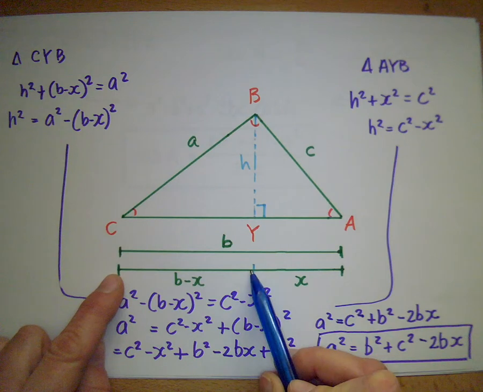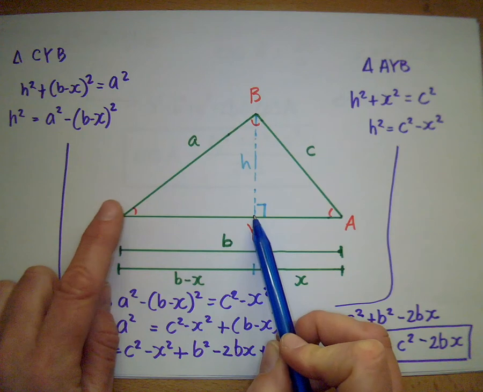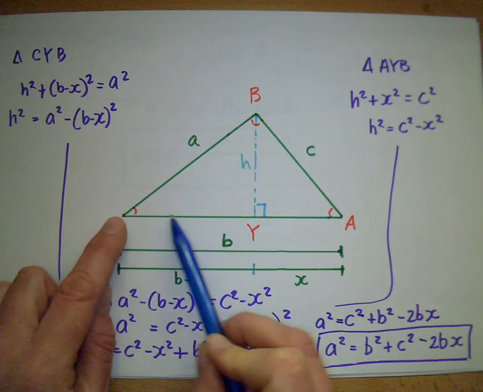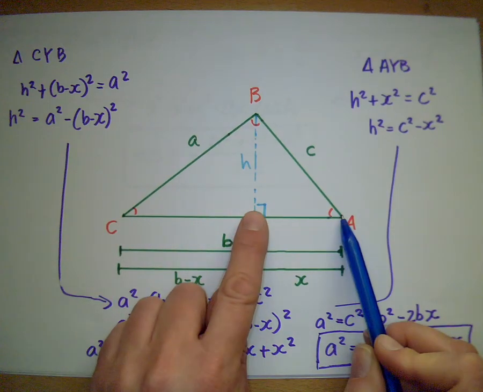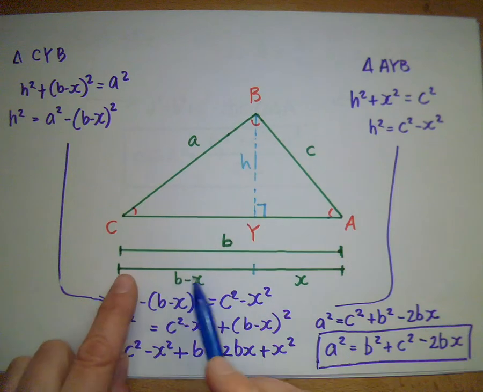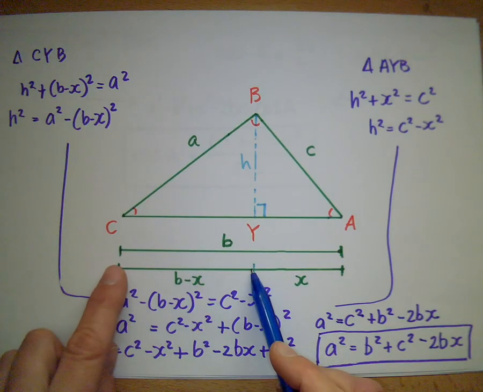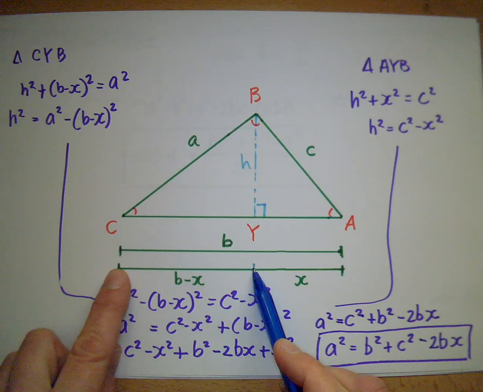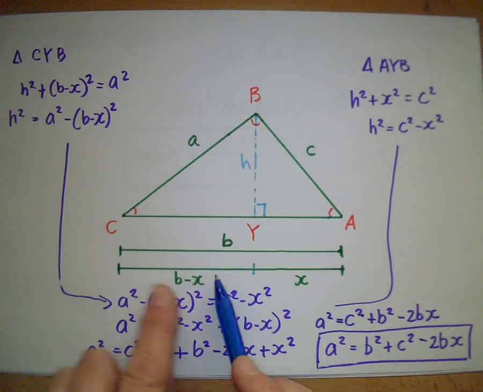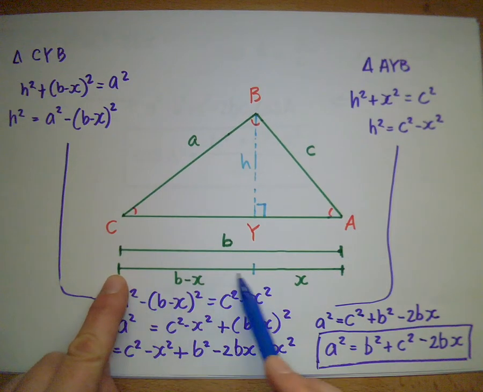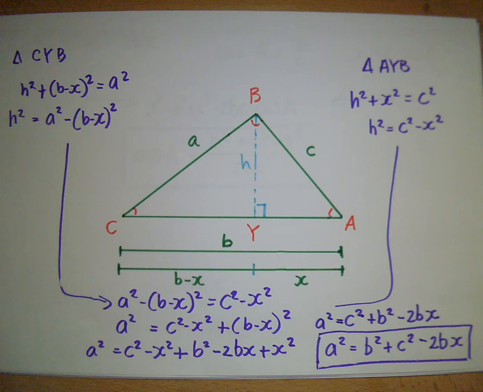And then, of course, the part that's left is b, the whole base, minus x. So b minus x is the length of this. All of side b is made up of x and b minus x together.